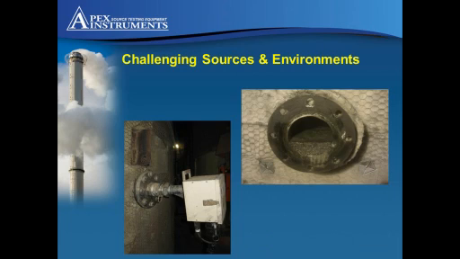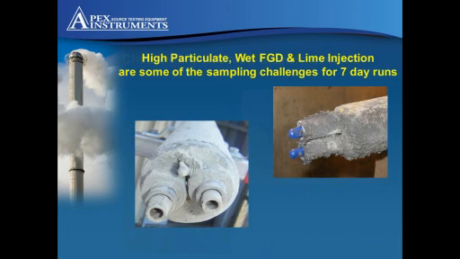Seen here, we can see that some sources can offer a challenging environment for continuously extracting a sample. High particulate, wet FGDs, lime injection are some of the challenges for 7-day sampling. The right trap configuration to suit the sampling environment.